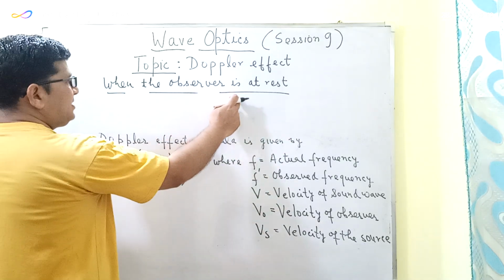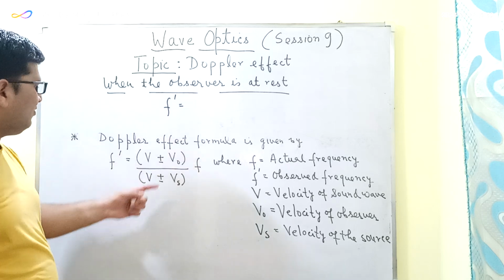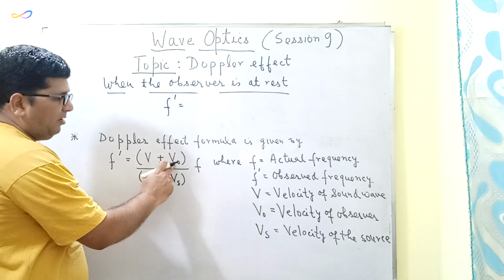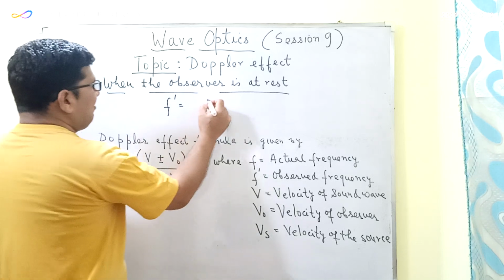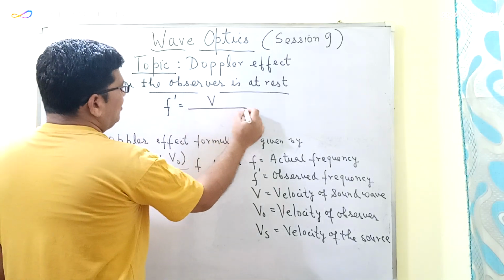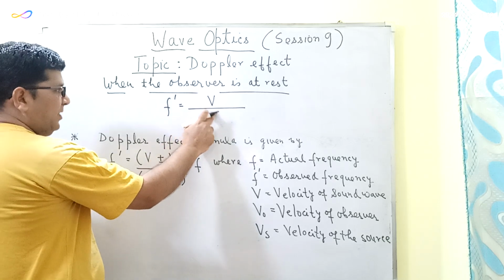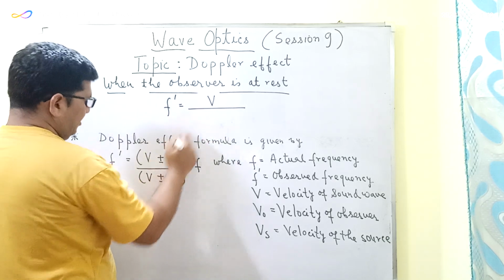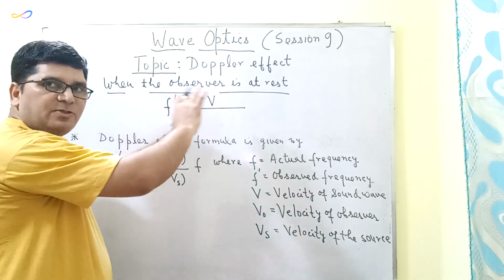So when the observer is at rest, then in the observed frequency formula v₀, the velocity of the observer, will be equal to 0. So I will be getting the observed frequency as v divided by... now here the source is moving towards the observer.